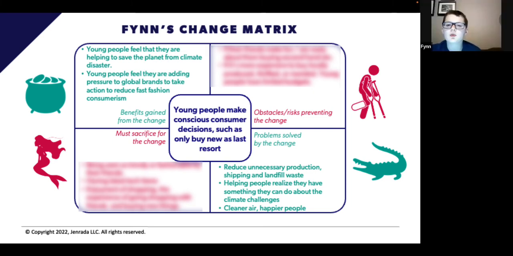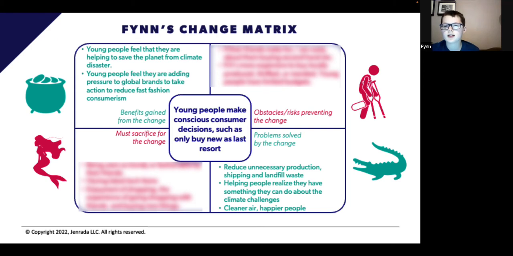So in that quadrant, I wrote about young people feeling that they are helping. As I said before, that positive effect is really important, and it's something that I've felt before when I've done something small and understood how that helps.